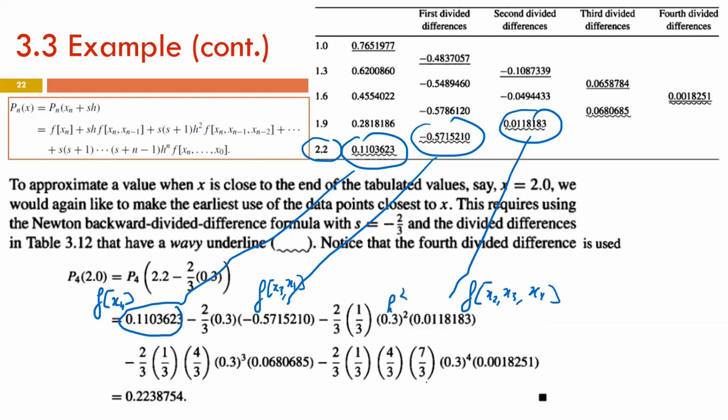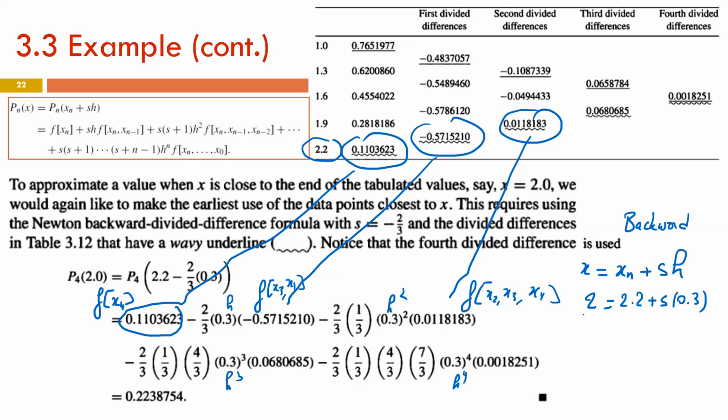This is h squared, this is h4, h cube, h, and here what is the value of s? Again, we have to find s, x, here xn this time plus sh. Backward. Okay, backward. So x is 2, xn is 2.2, h is 0.3.